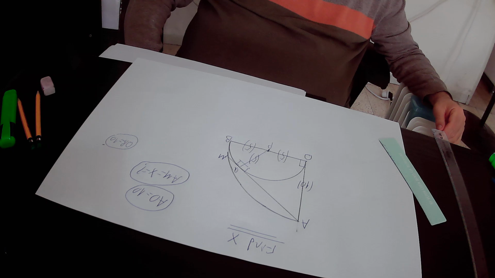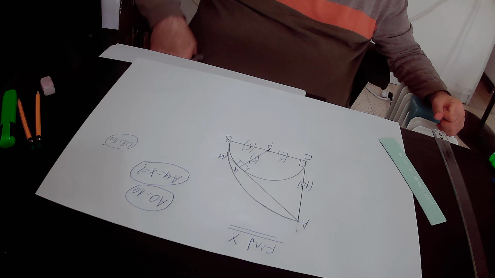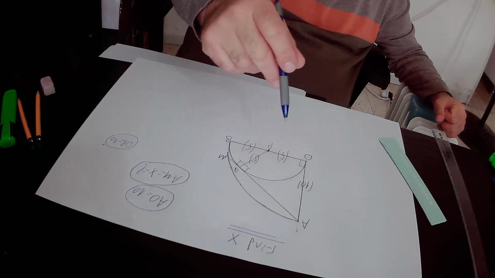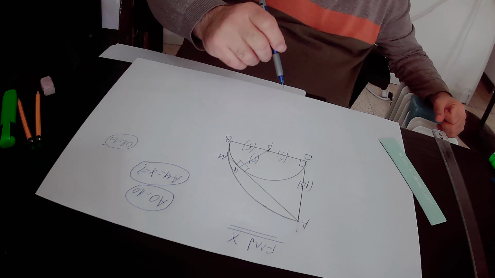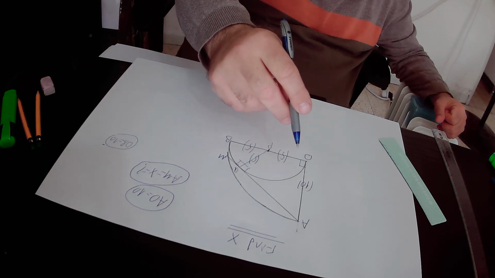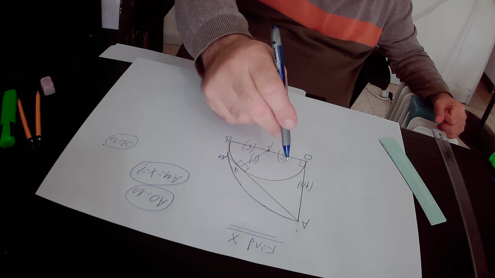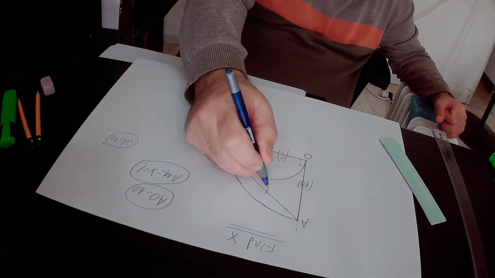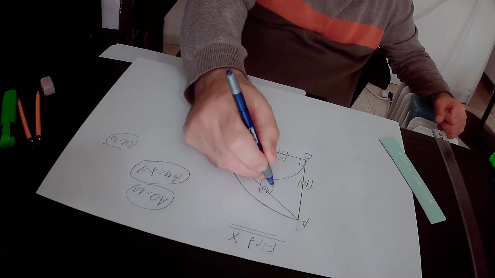And according to rule number 2, the lengths of two tangents from a common external point to a circle are equal. That is to say, AO equals AQ. But AO equals 10, therefore AQ must also be equal to 10 units in its length.